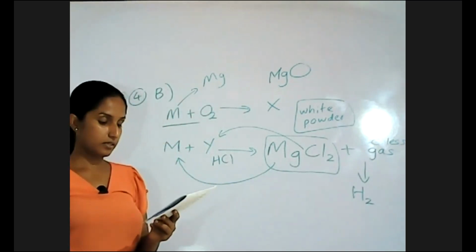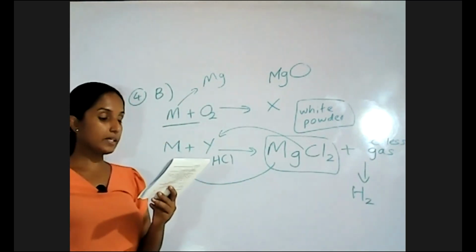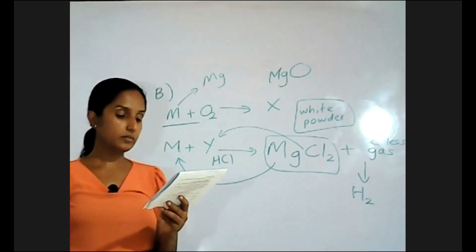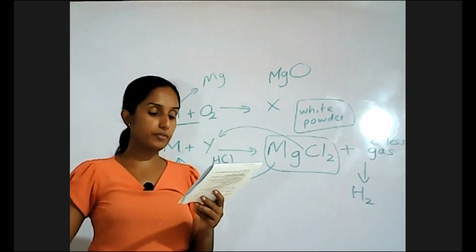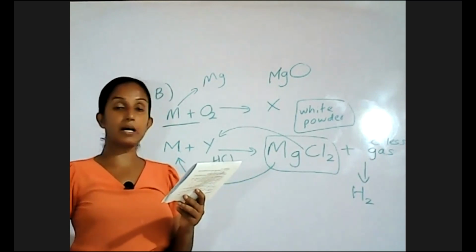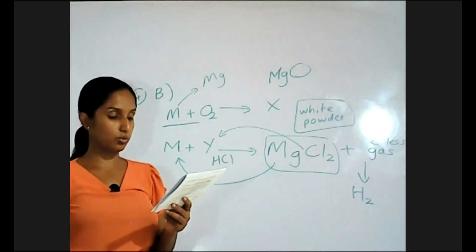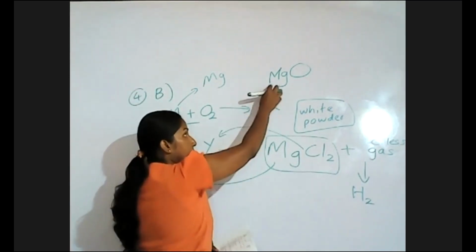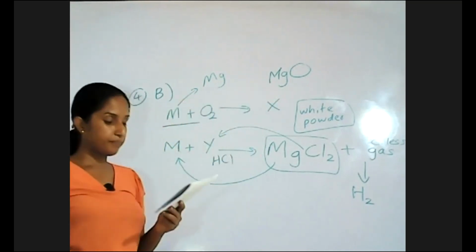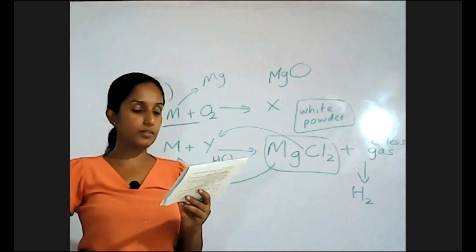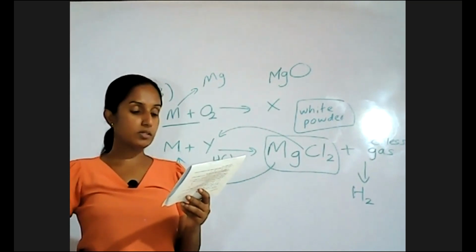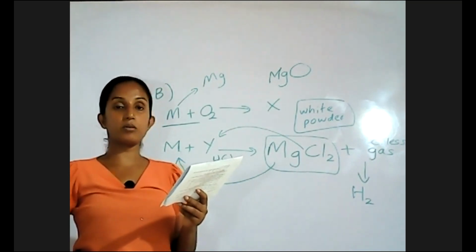In compound X, the ionic form in which M exists is M plus 2. Write the chemical symbol of the ionic form in which oxygen exists in that compound.